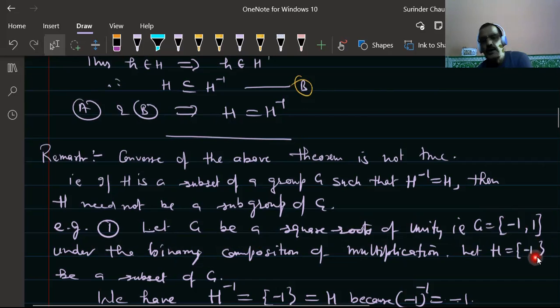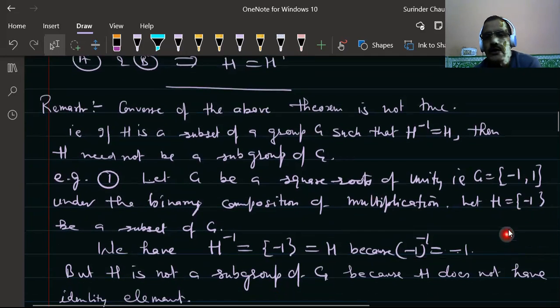Let H consist of the single element minus 1. Then H is a subset of G. Now what is H inverse? The inverse of minus 1 is minus 1, since minus 1 into minus 1 is equal to 1.